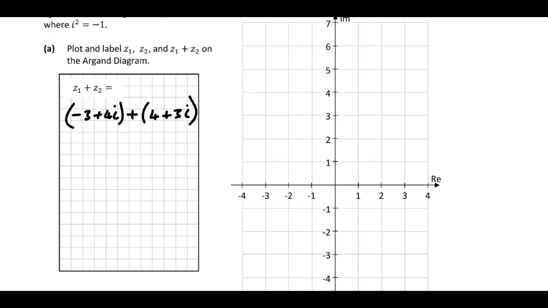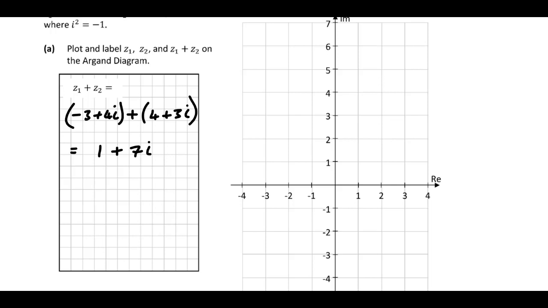If we add those two, you just add the real parts and add the imaginary parts. So minus 3 plus 4 gives me 1 for the real part. Now add the imaginary parts, 4i plus 3i, that's plus 7i. So this is Z1 plus Z2, 1 plus 7i.